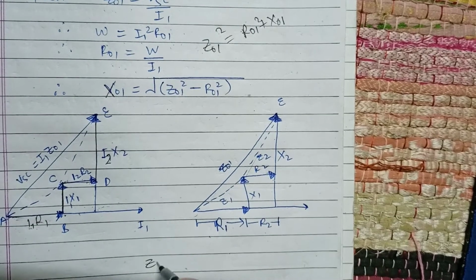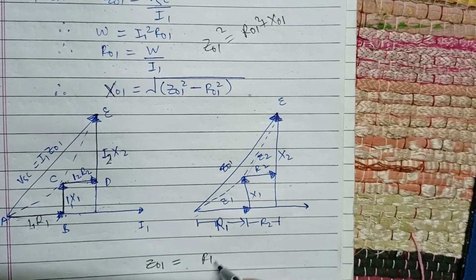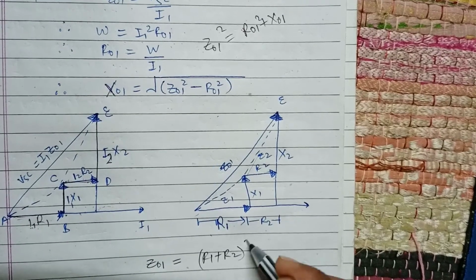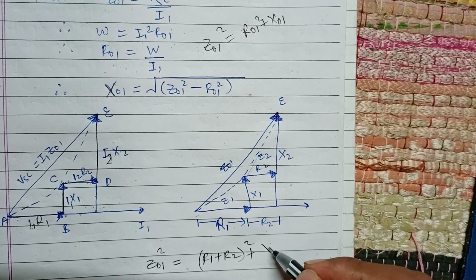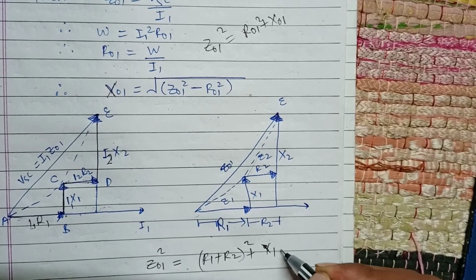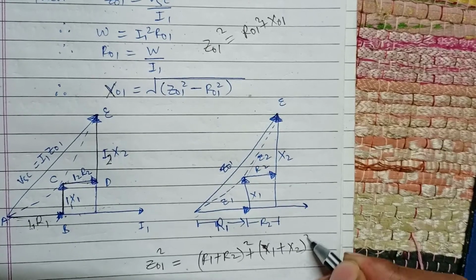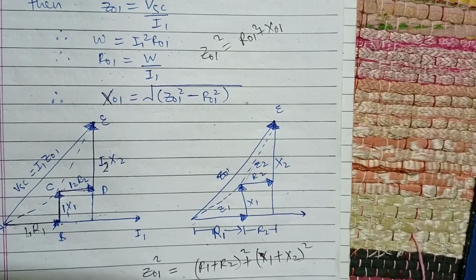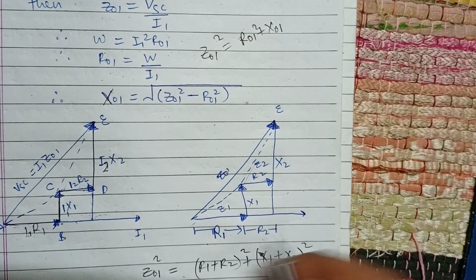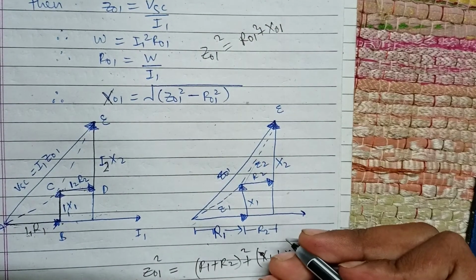So Z01 will automatically equal the square root of R1 plus R2 whole square plus X1 plus X2 whole square, and hence Z01 and Z02 can be determined, and hence all the parameters can be determined.